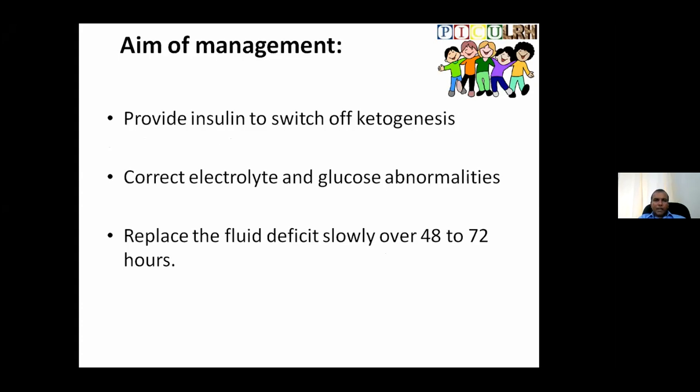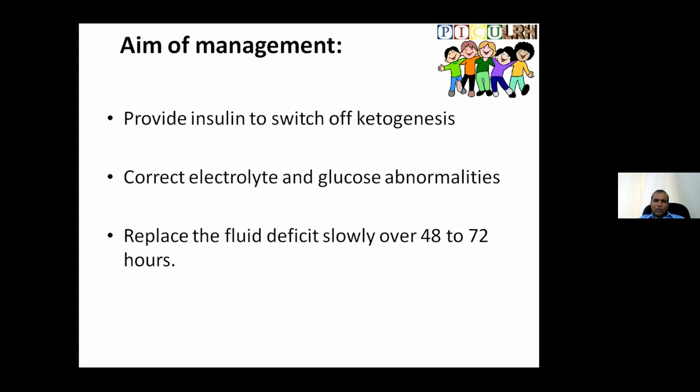The aim of the management, basically, is that we provide insulin to switch off ketogenesis. That also you should understand. We are giving insulin not to reduce sugar. We want to switch off ketogenesis. With less insulin, the body produces ketones.